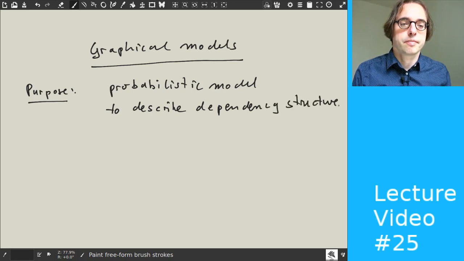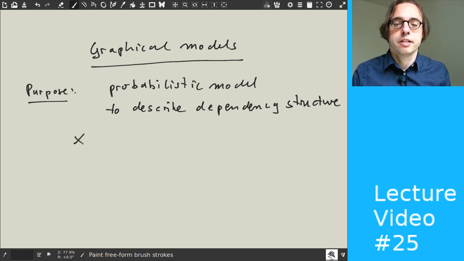That's the very broad outline, and they do this basically by providing a language to model the joint distributions of the random variables.